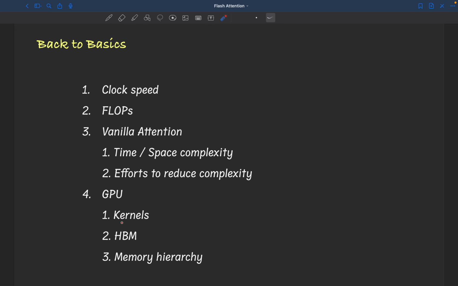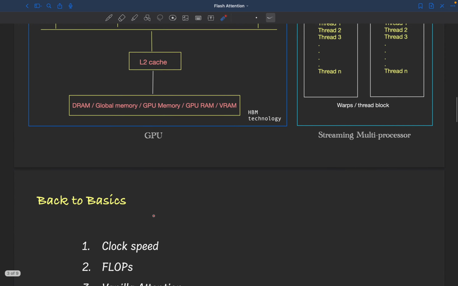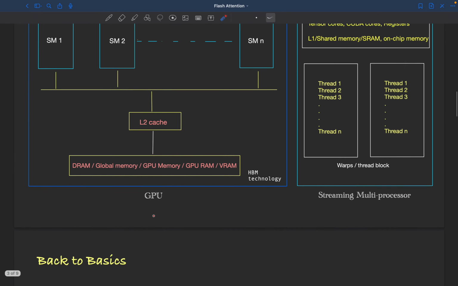So in the GPUs, we already discussed the various memory hierarchies and the HBM. Only one thing which we didn't discuss is the kernels. So kernels, you can think of as a function which executes on the GPU, sometimes called a routine or a subroutine. These are all called functions which are executing on the kernels, right? I'll give just a bit more information on the kernels before we wrap up the video.